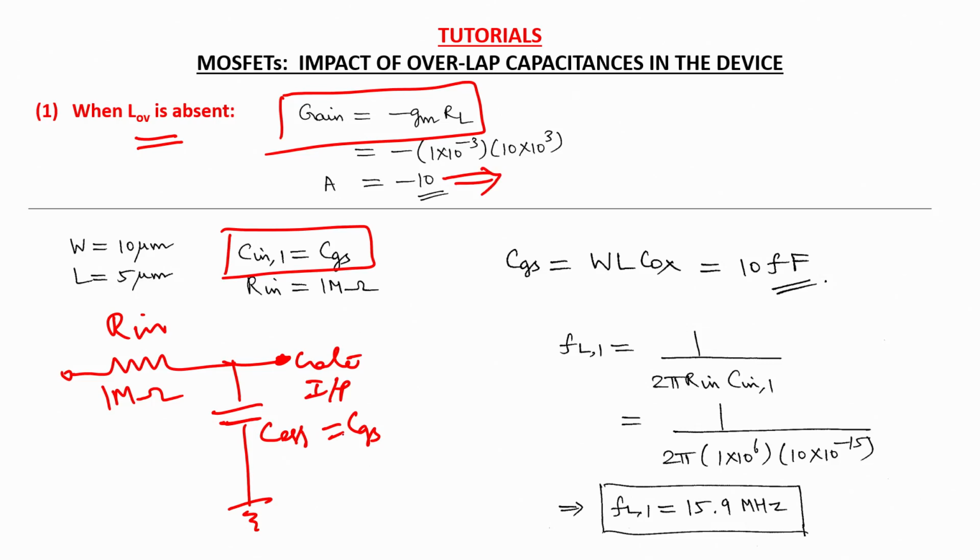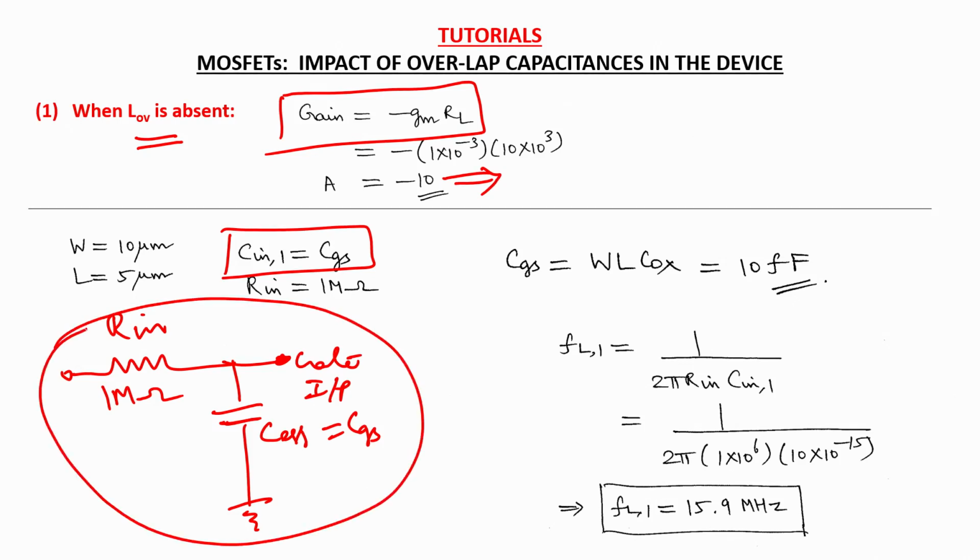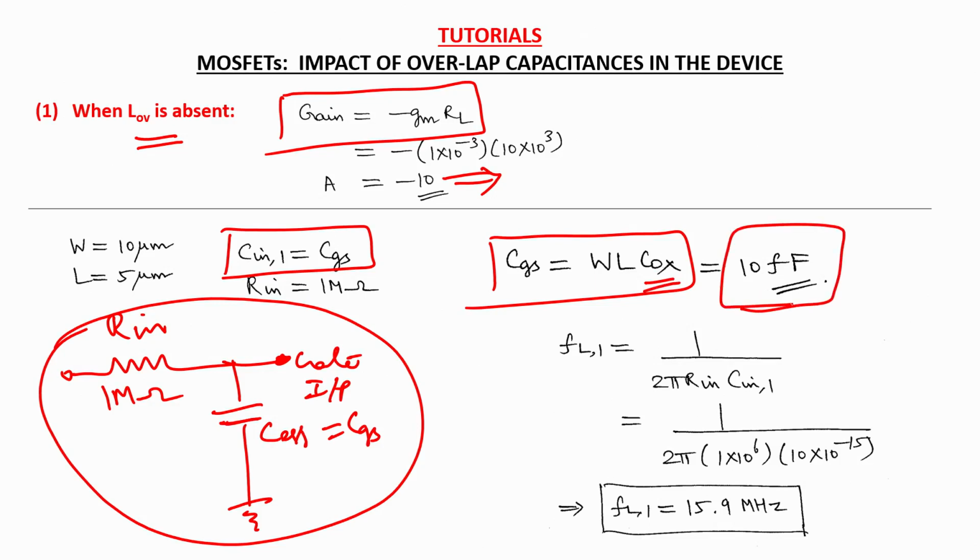Now we move on to calculate the input cutoff frequency for this amplifier, which is basically determined by this RC network at the input. You also know that the gate to source capacitance can be calculated like this, where Cox is the unit area capacitance and the total CGS is nothing but W L into Cox. So when you plug in values, you can find that this is almost 10 femtofarads at the input terminal.